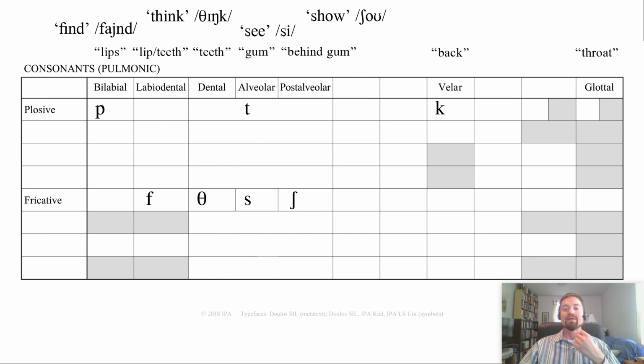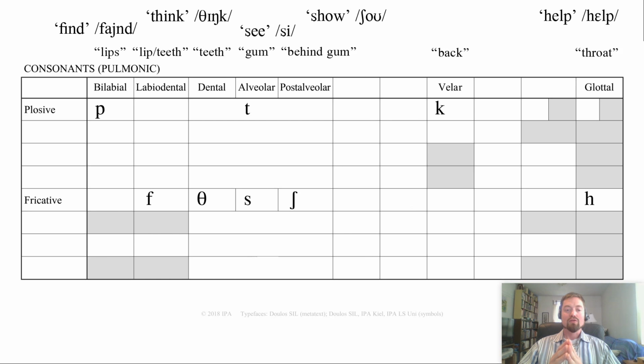But if you make a little bit of that rough breath, that kind of friction right in the vocal cords, of course we end up with the sound H, as in a word like help.